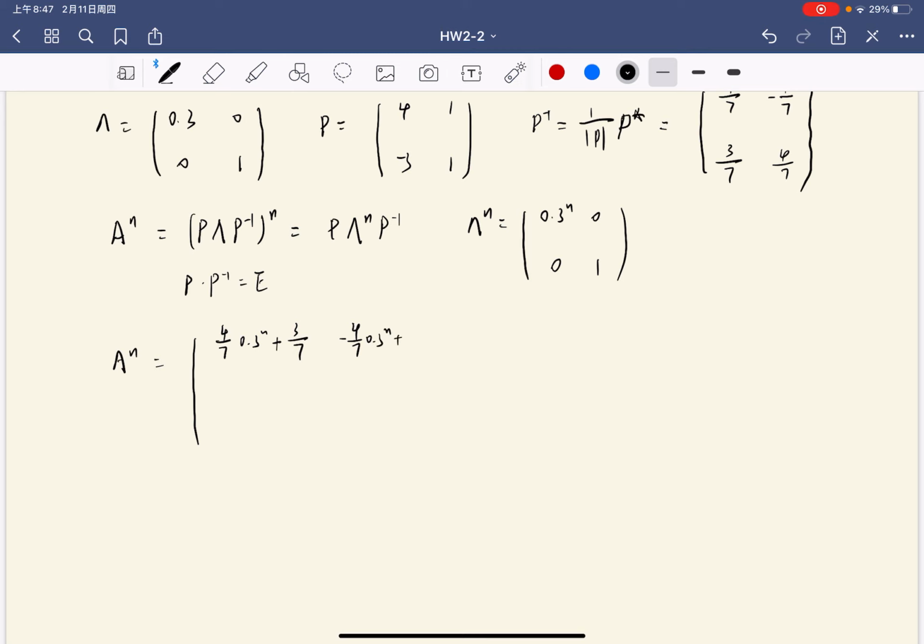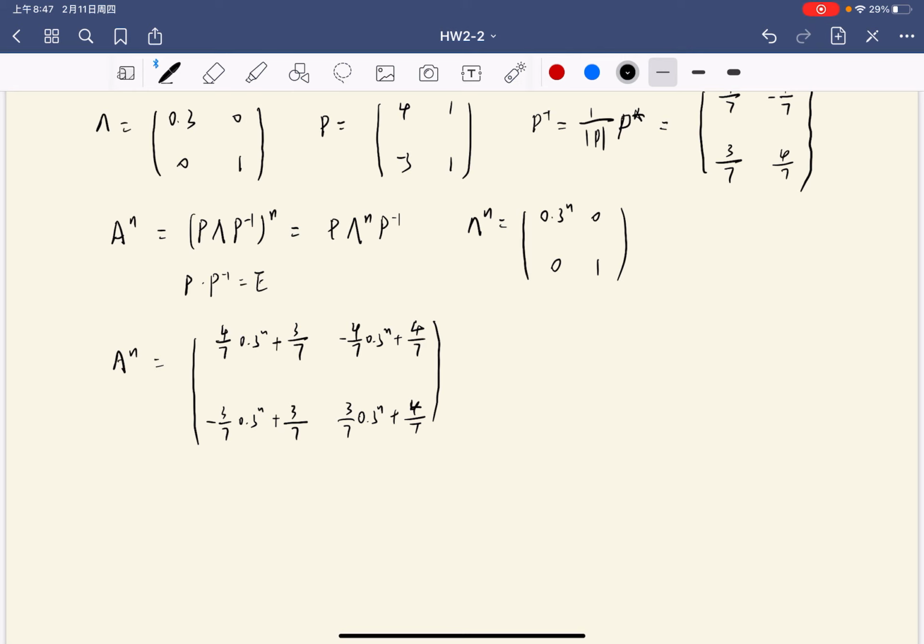This is the result of matrix A to the power of n.